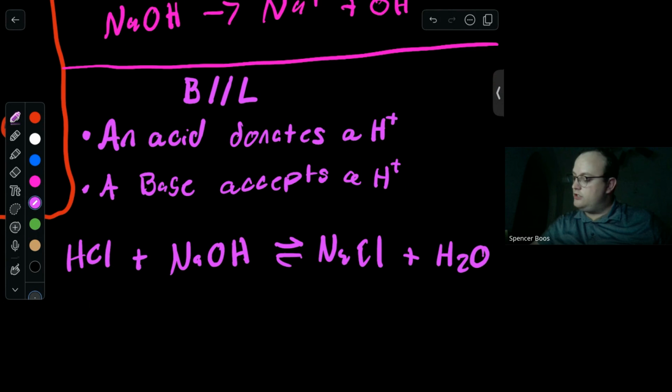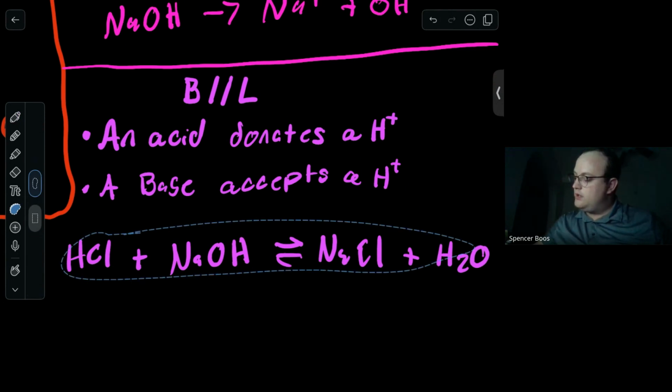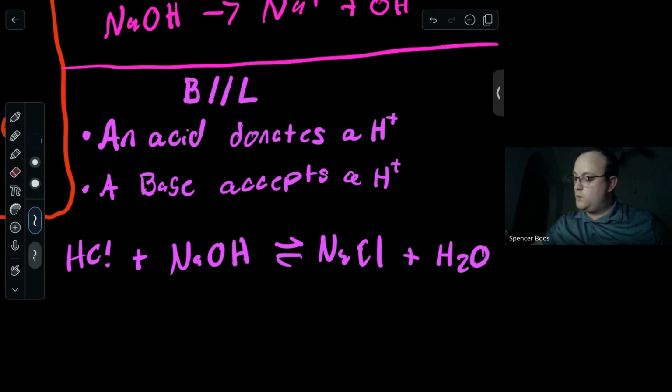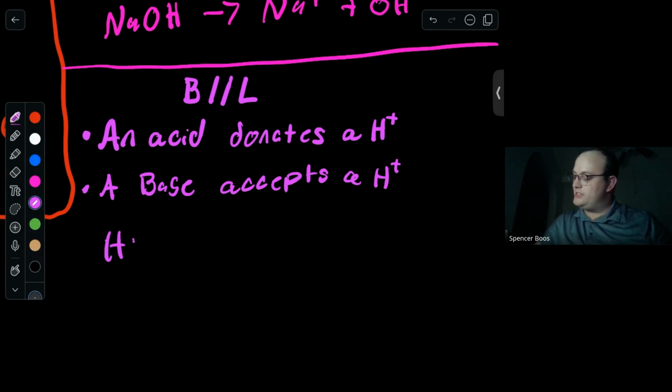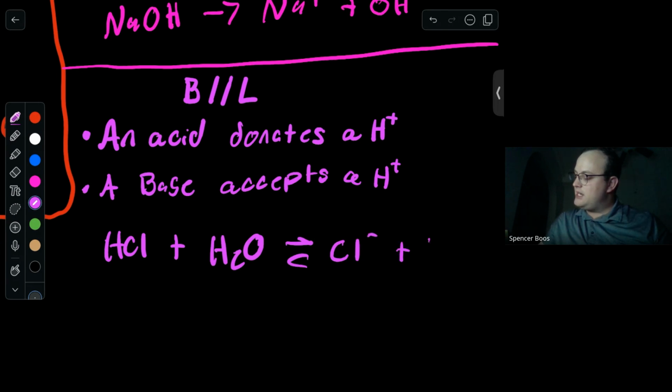It's actually a neutralization reaction. Scratch that. Let's start with the original one we were about to do. HCl plus H2O is in equilibrium with Cl minus and H3O plus. Perfect, better.